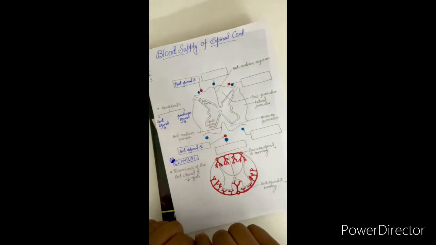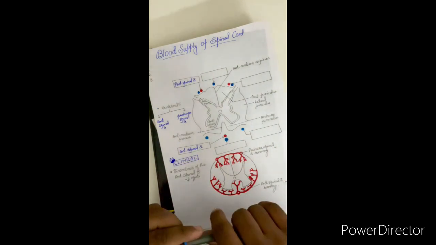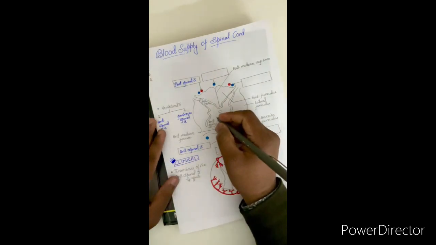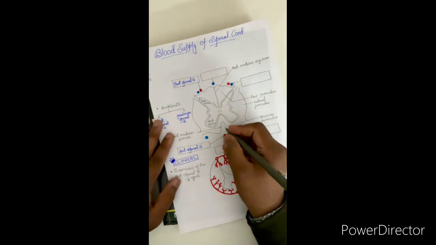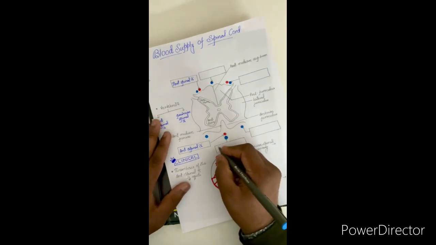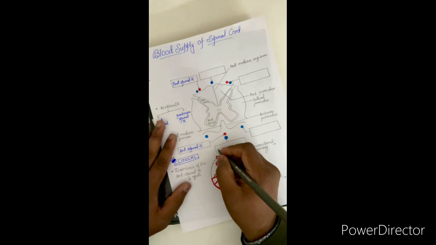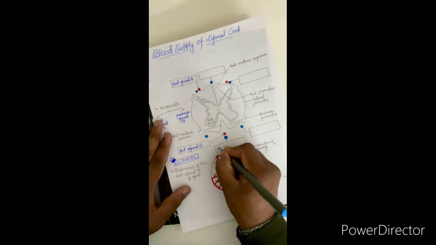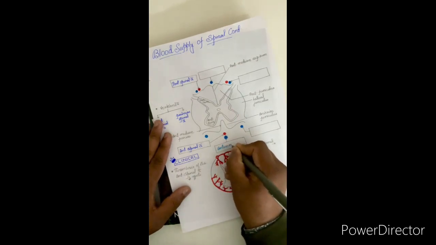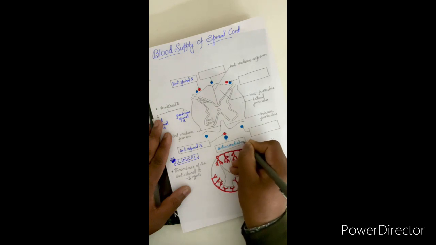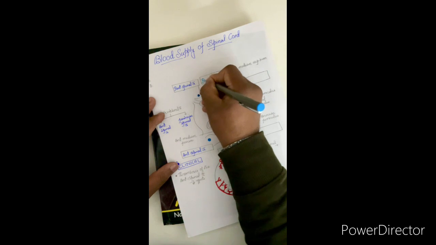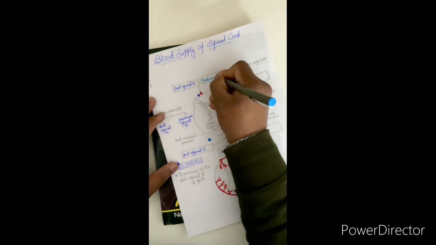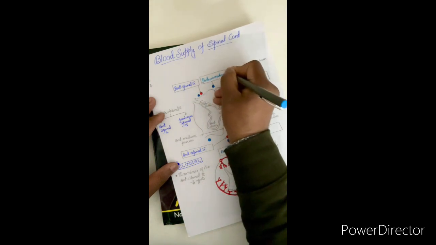Venous supply of spinal cord is derived from six longitudinal channels. Two are unpaired and two are paired. The two unpaired are the anteromedian vein and the posteromedian vein.